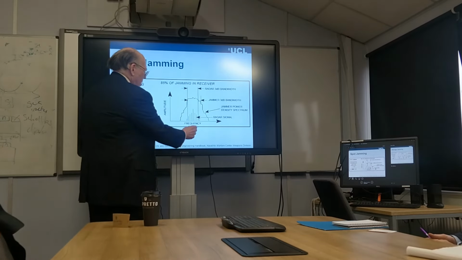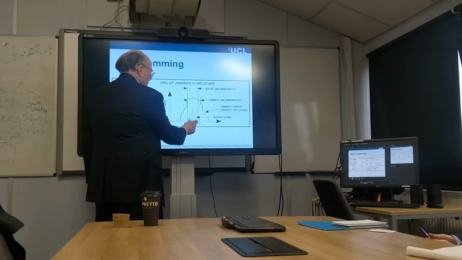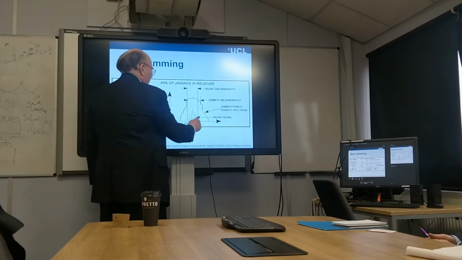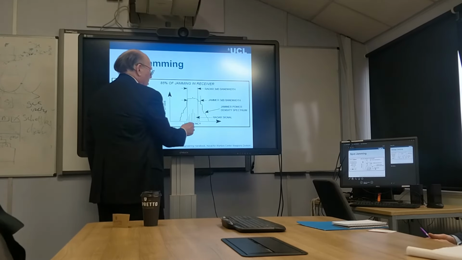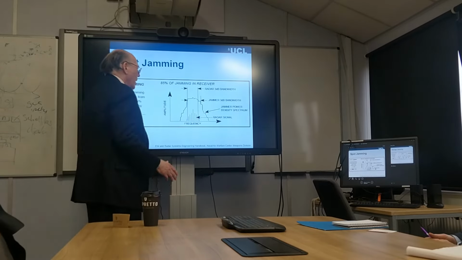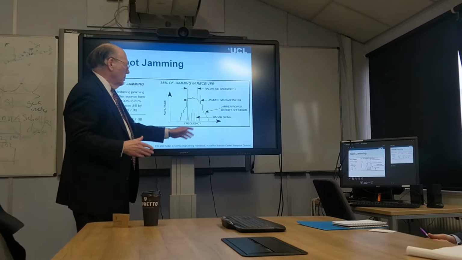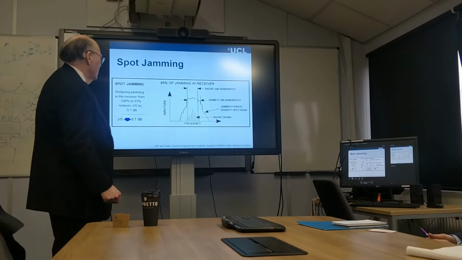So this shows the radar signal and 3 dB bandwidth of the radar, and then here's the jamming signal. You're never going to get all the jamming signal into the radar, but if you can get it centered well, you get about 85% of the jamming signal into the radar.